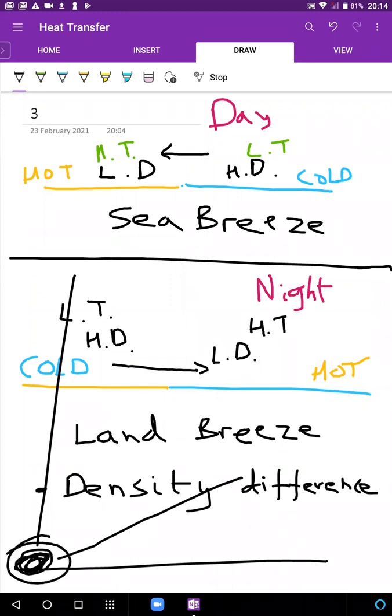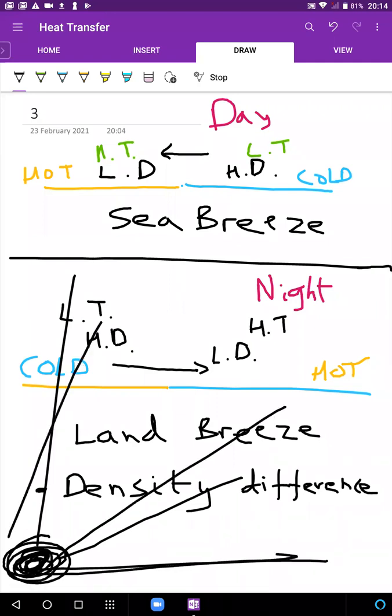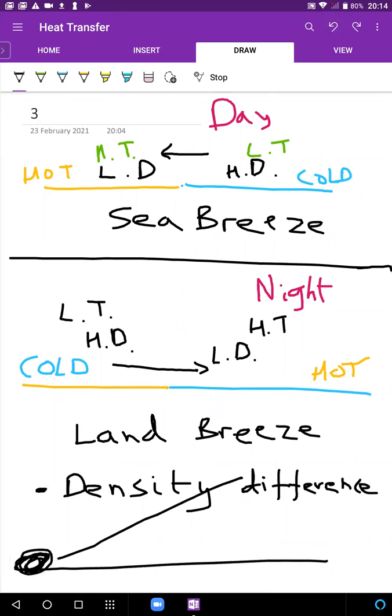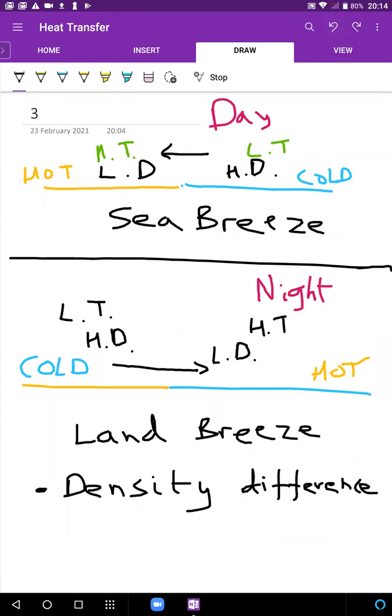So if you release hot air from here, it will want to occupy the entire region. So through diffusion as well, you can have some sort of heat transfer taking place. Okay. Now normally in real life, it's always a mixture of these effects.